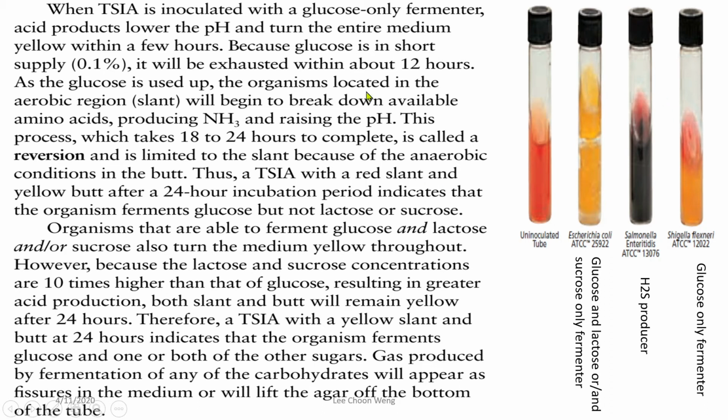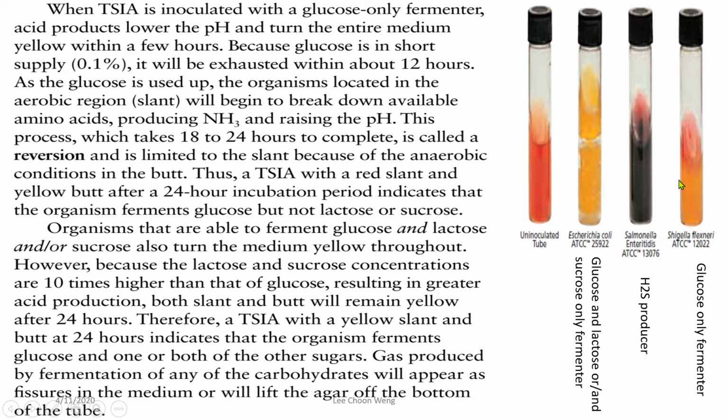If TSI is inoculated with a glucose-only fermenter, the acid products that are produced will lower the pH and turn the medium yellow.